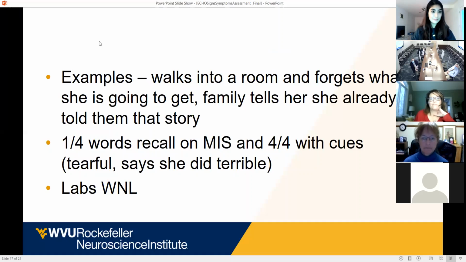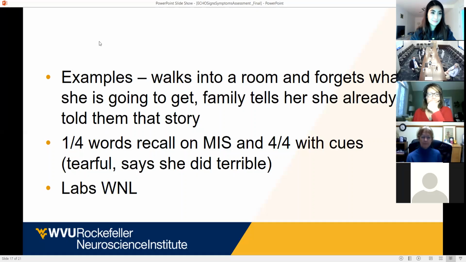Okay, so when you ask the patient what's going on, she says she walks into her room and forgets what she's going to get. That is the most common complaint that patients will talk about, and it can be a flag for memory, but it can also just be attention span. So common in the world now. Everybody does that.